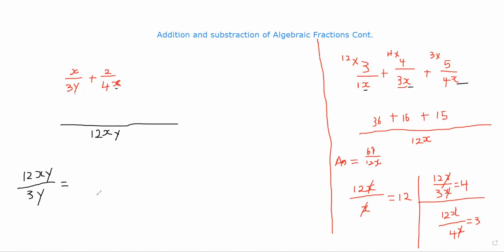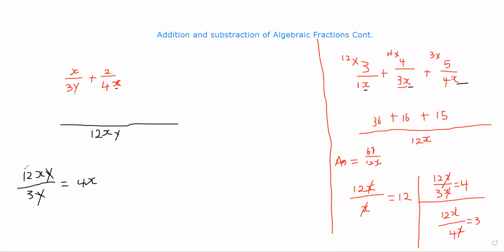What would be the answer there? 4x. Good. The numbers will give us 4 because 12 divided by 3 is 4. Then you cancel the y and you're left with an x, so it could be 4x.